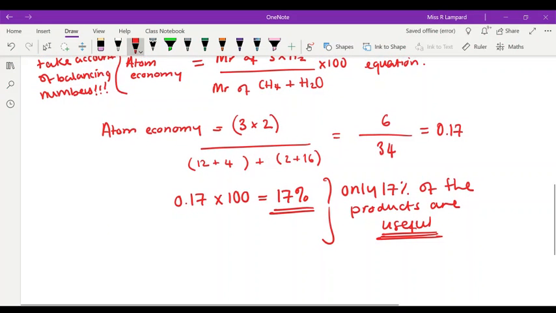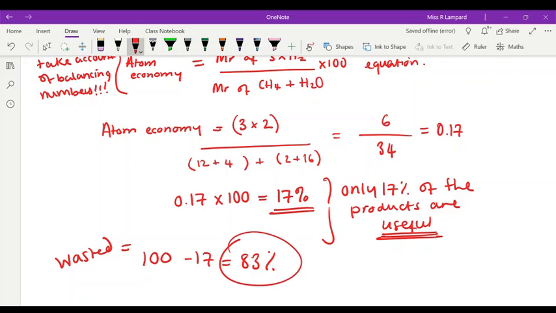So if we then work out how much is wasted, wasted is equal to 100 minus 17, which gives us 83%. Okay, that much is wasted, so that is a lot of waste in this reaction.